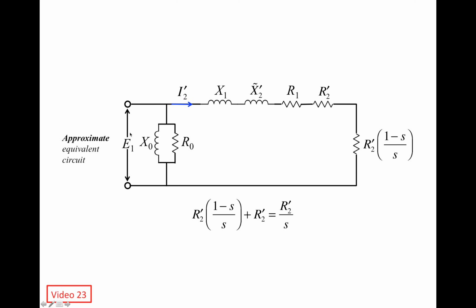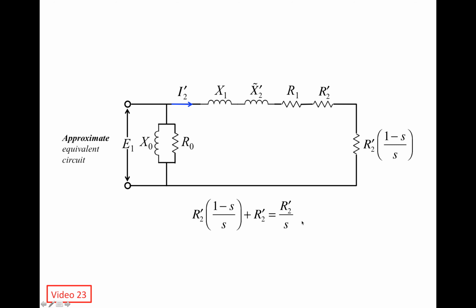And don't forget, the voltage is fixed at the grid voltage. This voltage is determined by the power grid, so it doesn't change. If this resistance becomes smaller and smaller, then the current flowing through this branch is going to become higher and higher. The absolute value of the current is going to increase as the absolute value of slip increases.